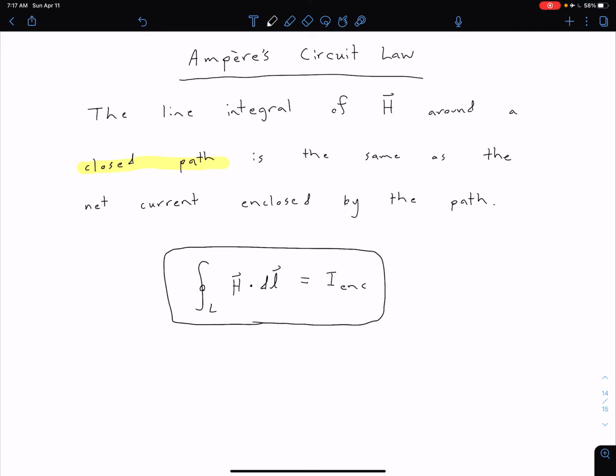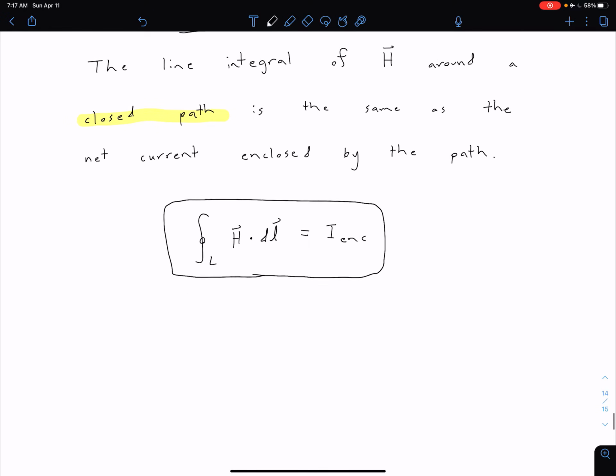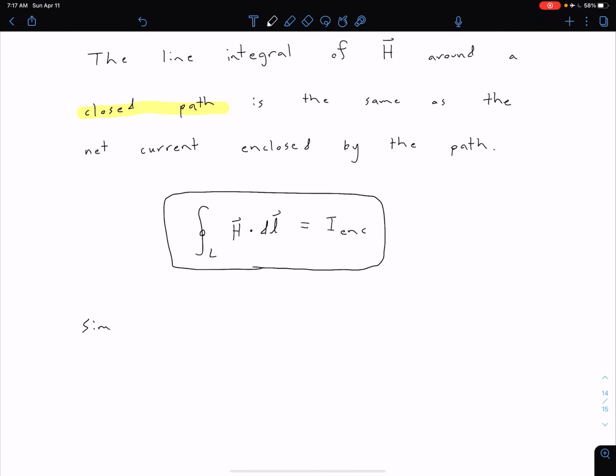Of course this seems very similar to what we talked about with charges when we were looking at Gauss's law. And so what that tells us is that just like with Gauss's law, this is going to be more easily applied to situations when we have symmetrical charge distribution, or in this case symmetrical current distribution.